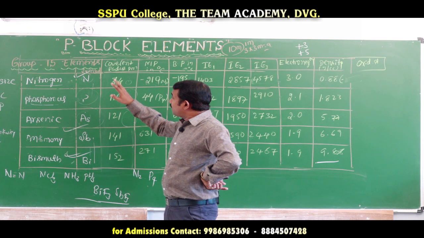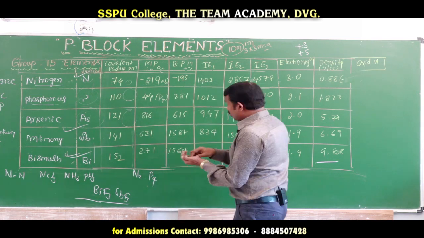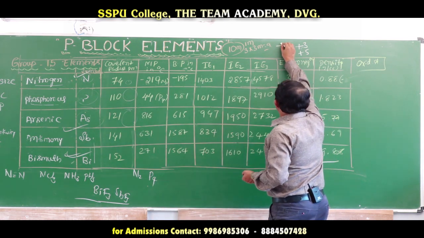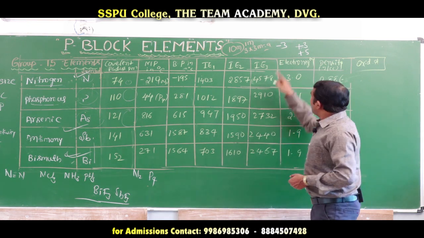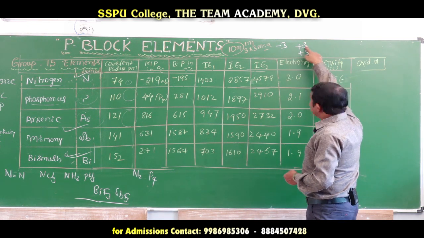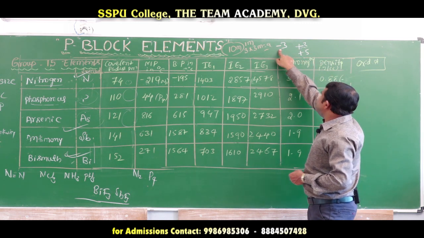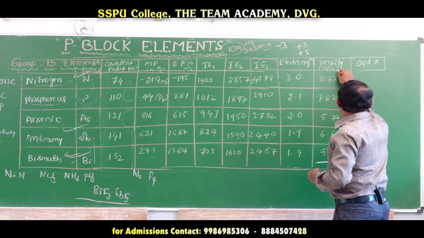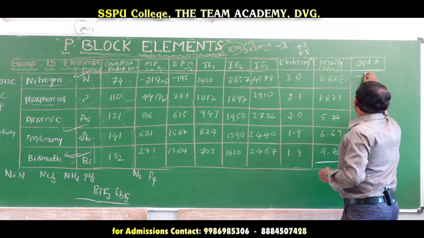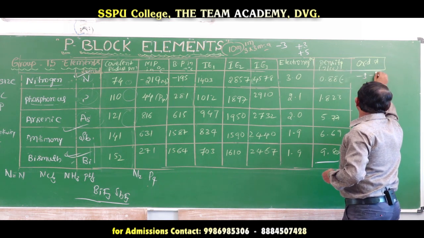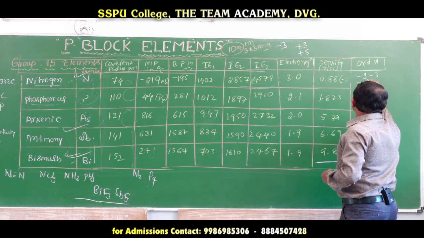The oxidation states of group 15 elements are minus 3, plus 3 and plus 5.